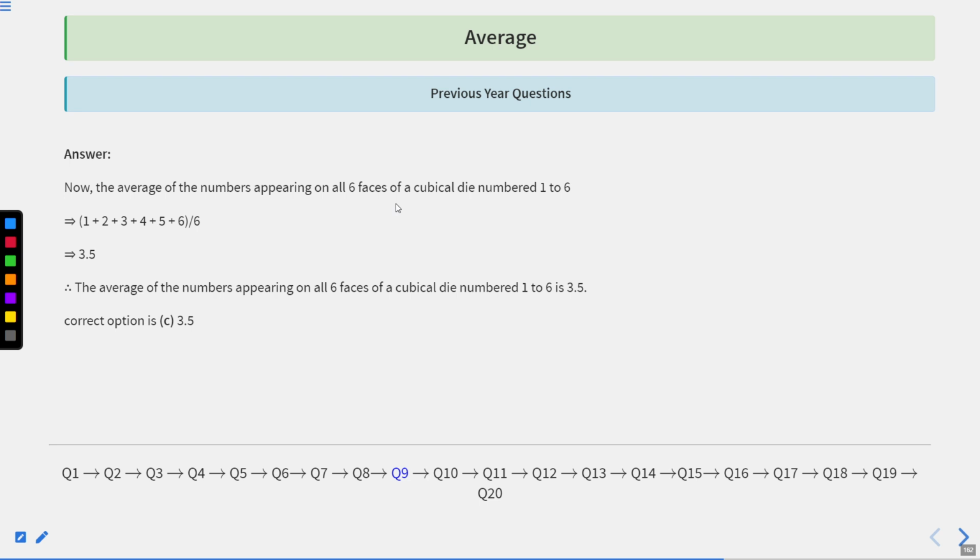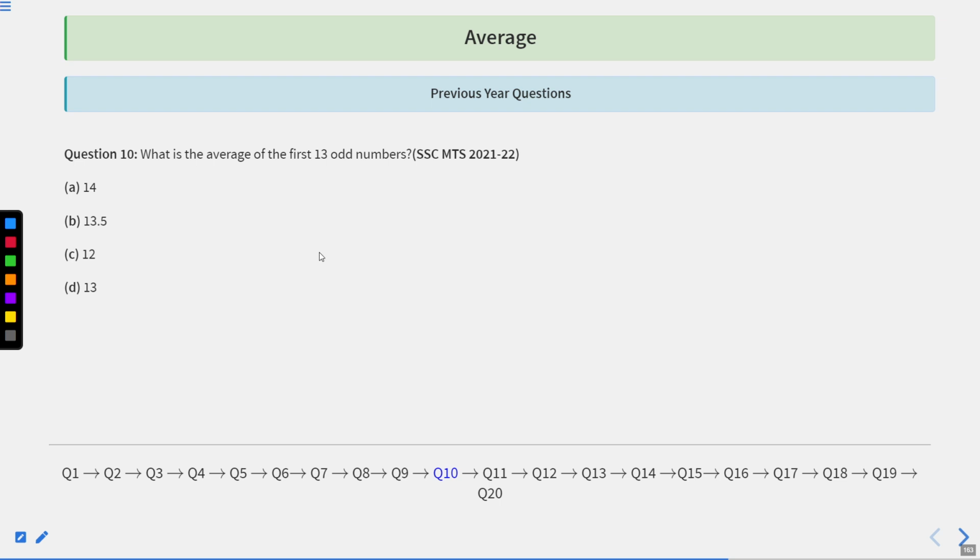The average is equal to 1 plus 2 plus 3 plus 4 plus 5 plus 6, the sum of all the entries on a die. When we divide it by 6, we will have 3.5. So the average of numbers appearing on all 6 faces of a cubical die numbered from 1 to 6 is 3.5. The correct option here is option C, 3.5.